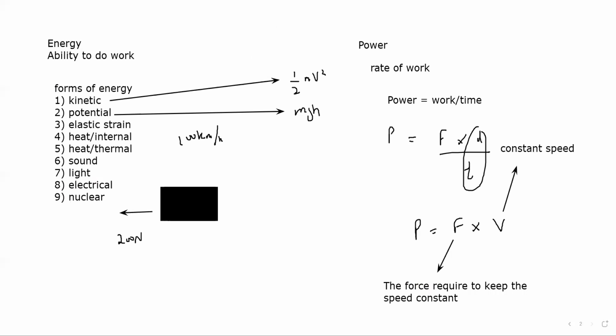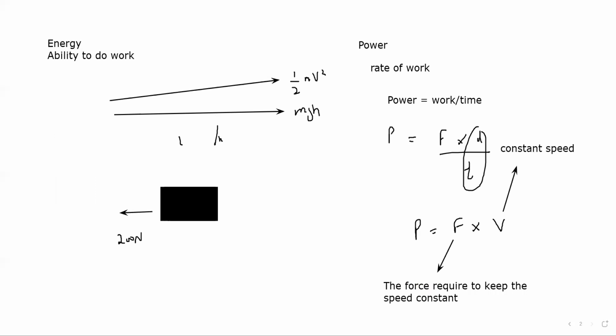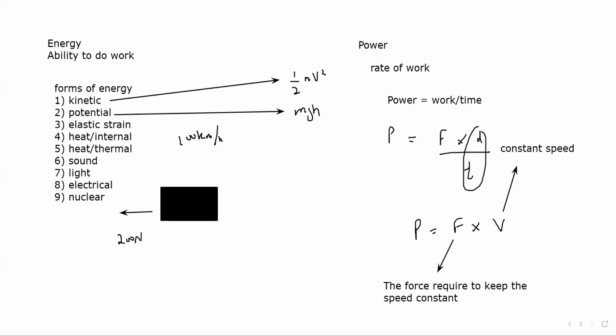Or to maintain, say, 100 meters per second, what is the driving force I need? If this is a frictional force opposing the motion, it is 200. How much is the driving force required to maintain this constant speed? That will also be 200.